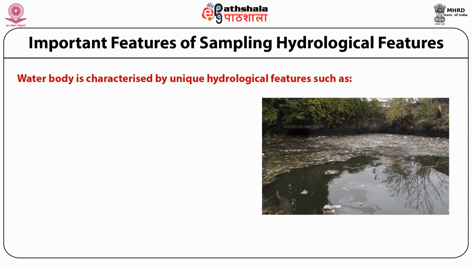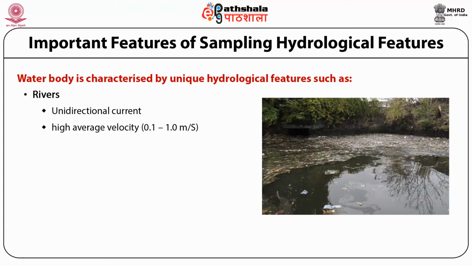Each inland water body is characterized by its unique hydrological features. Rivers are characterized by a unidirectional current with relatively high average velocity, up to 0.1 to 1 meter per second. In general, thorough and continuous vertical mixing is achieved in rivers due to the prevailing currents and turbulence.